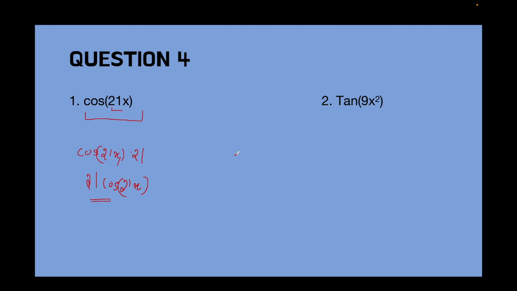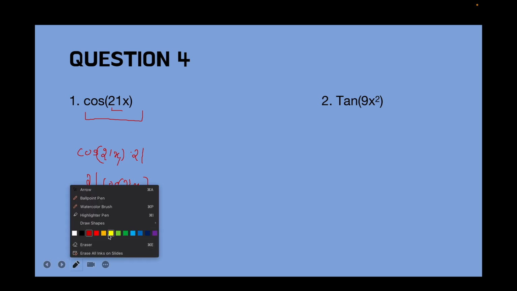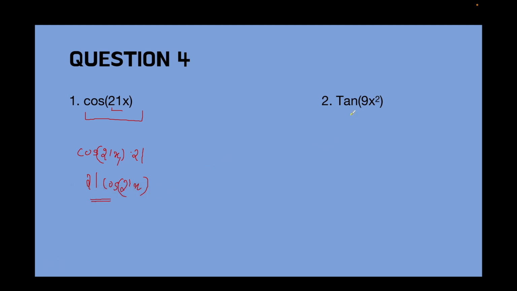Then here x square is there. You can't use that trick. What we'll do is use the chain rule. We'll start from here. Differentiation of tan is secant square of 9x square. Okay. Now what did you do? You came here and saw 9x square.